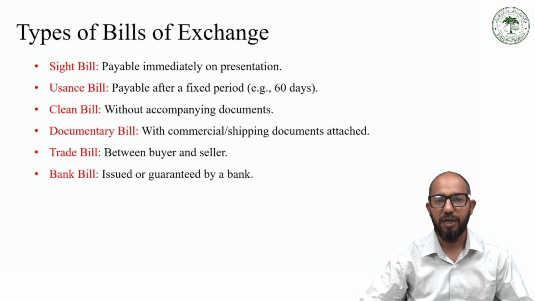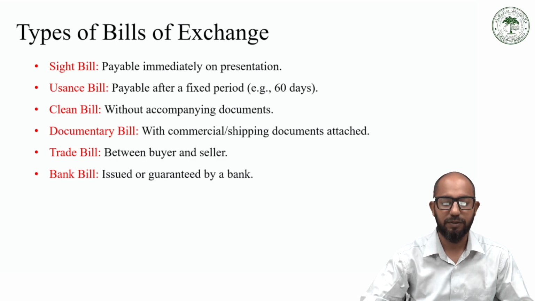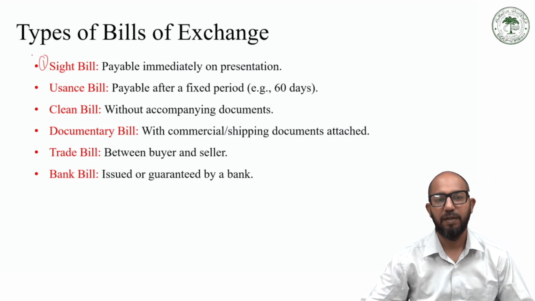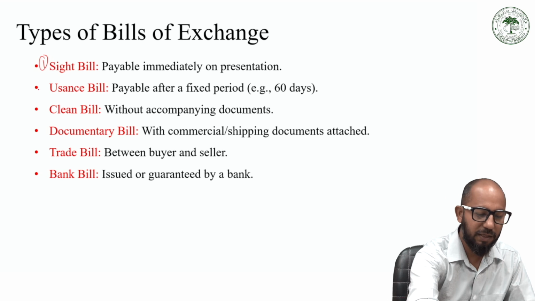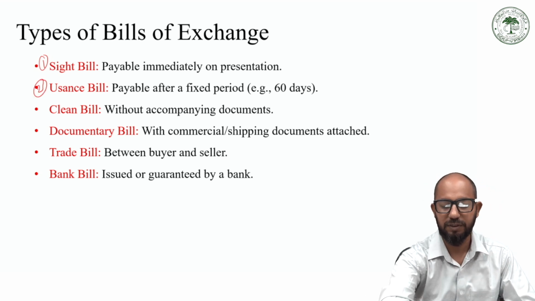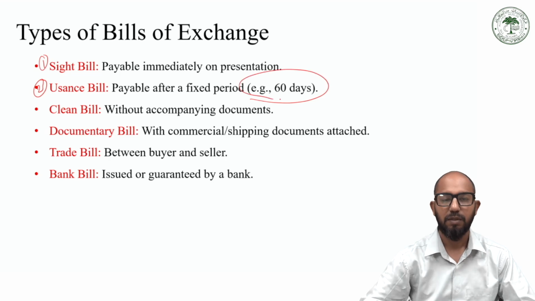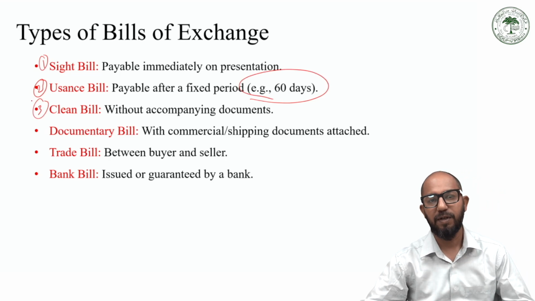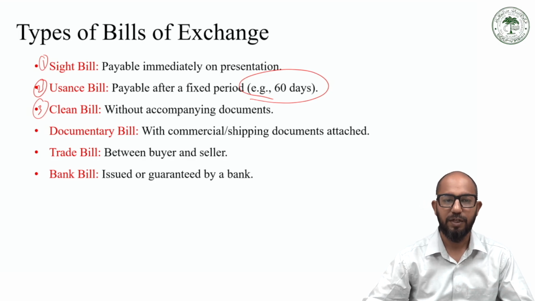Let us now try to see what are the different types of bill of exchange that are in practice. The first is sight bill, which is payable immediately on the presentation. The second is usance bill, which is payable after a fixed period, for example 60 days. The third is clean bill. When we say clean bill of exchange, it is without accompanying any documents.